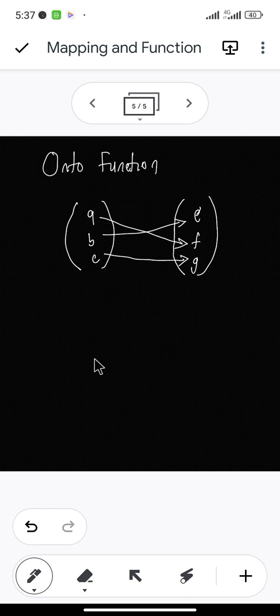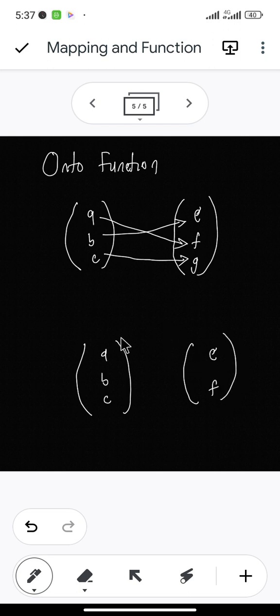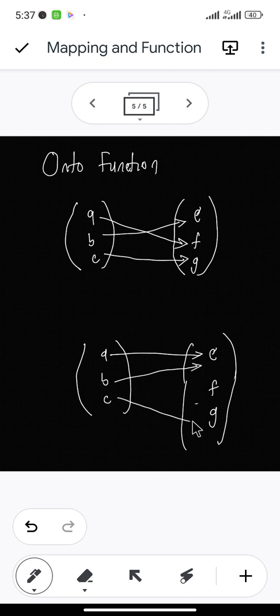Let me give you an example of something that is not an onto function. So let's say A, B, C, and you can have E, F, G. Now, if A is mapped to E, B is still mapped to E, and C is mapped to G. This is not an onto function.